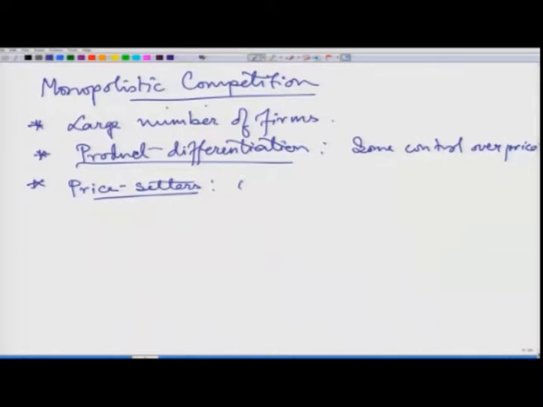So slowly, with product differentiation, they are moving towards being price setters, and as price setters they have their own demand curves. For each differentiated product they have a different curve, because for each demand curve we have a separate price, mostly, since we are claiming that the products are different.